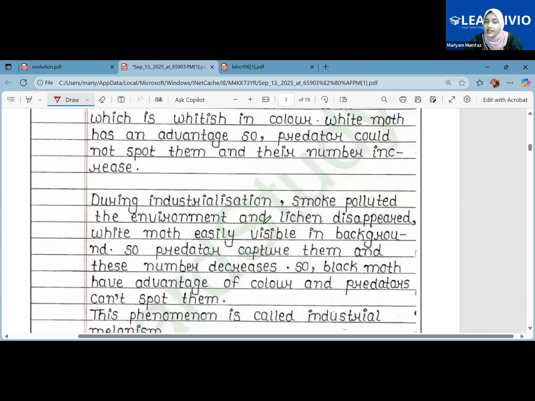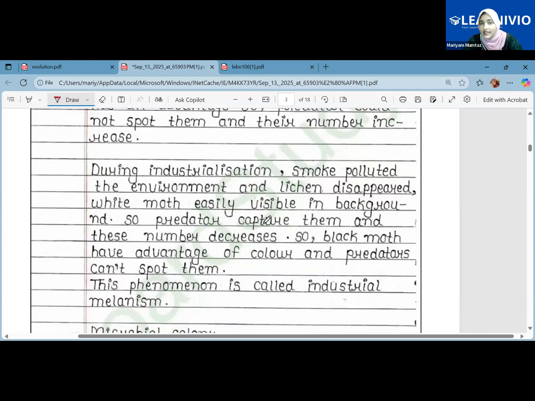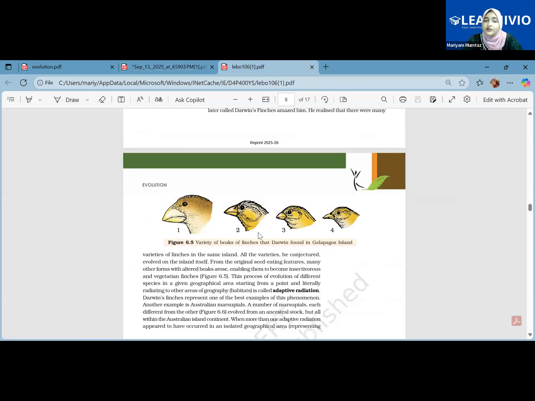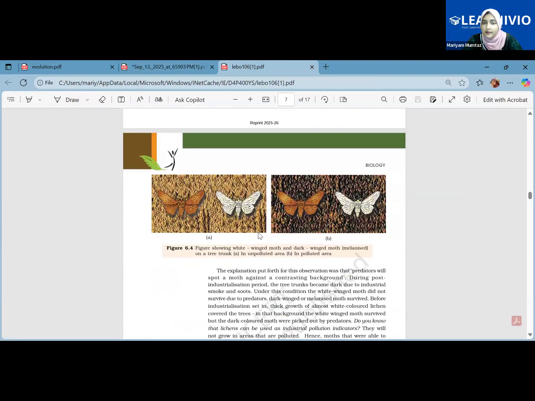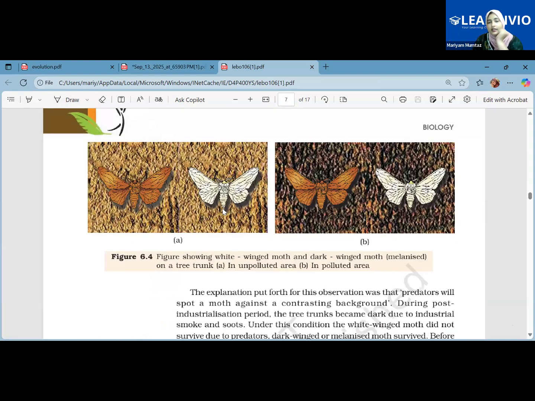Whereas during industrialization, when industries were setting up, the smoke from the industries started polluting the trees. See, this is the comparison, right? During pre-industrialization, the tree trunk was very light in color and the moths were whitish in color.